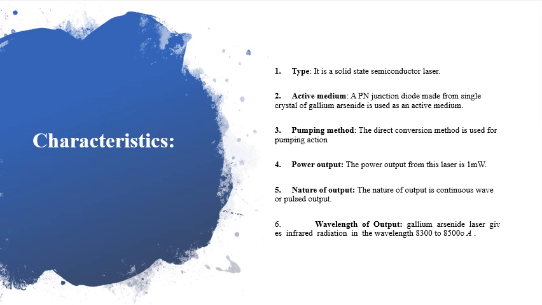Most of the time we use gallium arsenide. However, new types of materials are also in use now. We use a pumping method, that is direct conversion, direct pumping with forward bias. The output we can achieve is of the order of 1 milliwatt.